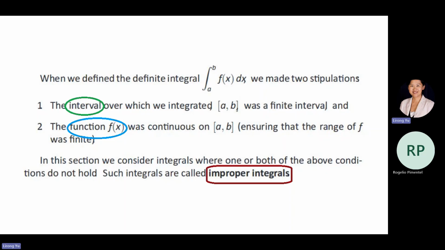That will be wrong, because the function 1 over x, when x equals 0, is undefined, and 0 is one of the numbers between -1 and 1. So our x value is from -1 to 1, and 0 is right in the middle. At 0, the function is undefined or equal to infinity. So we have that problem. This is an improper integral.